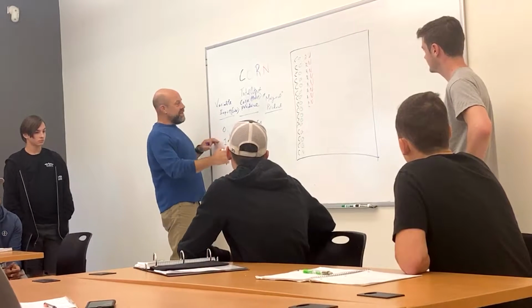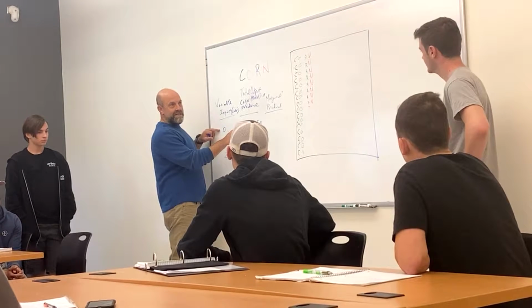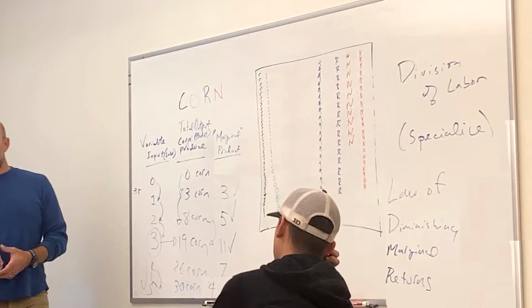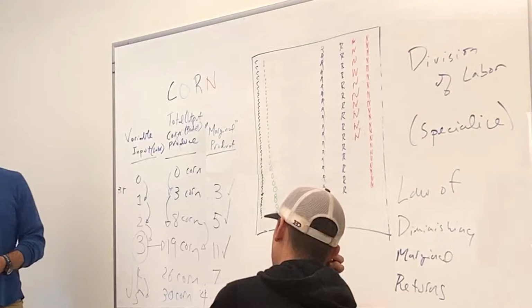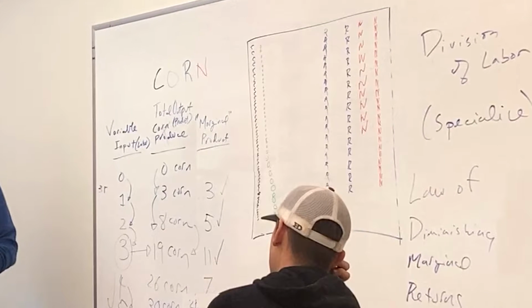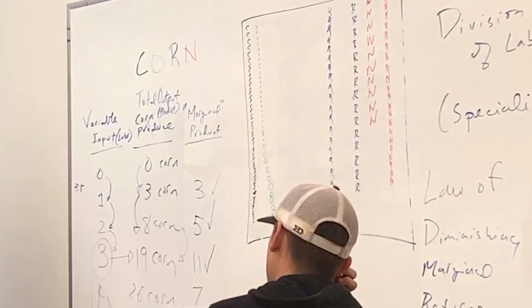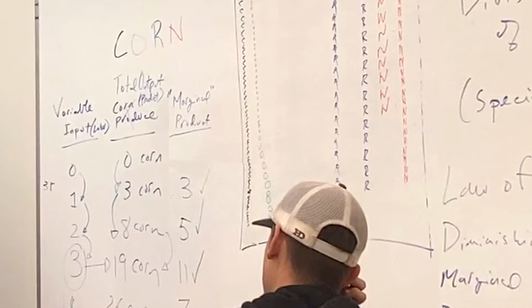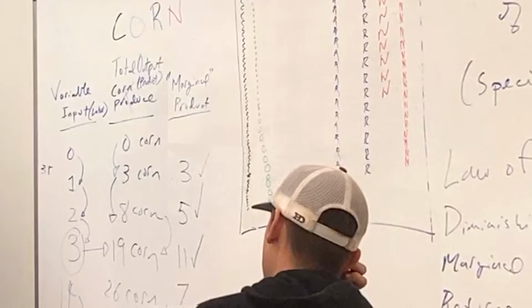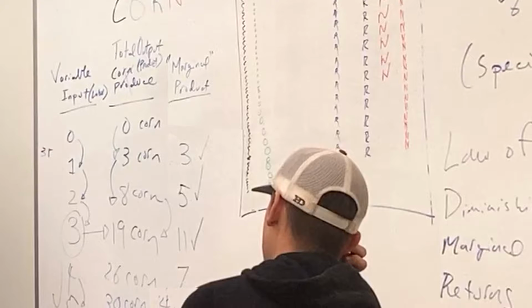So in this case, if we started with 0, we made 0 corn. By adding Jensen, how many bushels of corn did Jensen add? 3, right? Pretty simple. The difference between 0 and 3.